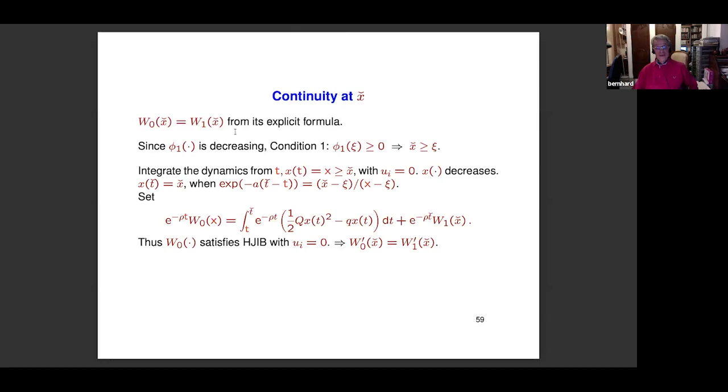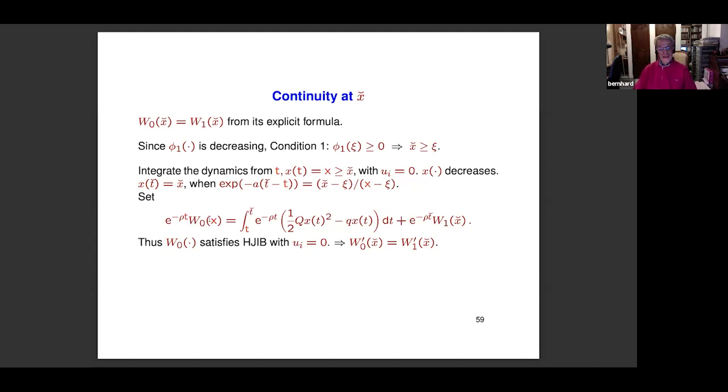So I integrate the differential equation with control 0 from an initial state x written here in red. So the state decreases. It reaches x stretch, which is the limit of the region where I want to use W0, at a time which I call t stretch, which is characterized by the fact that the linear differential equation reaches x stretch.